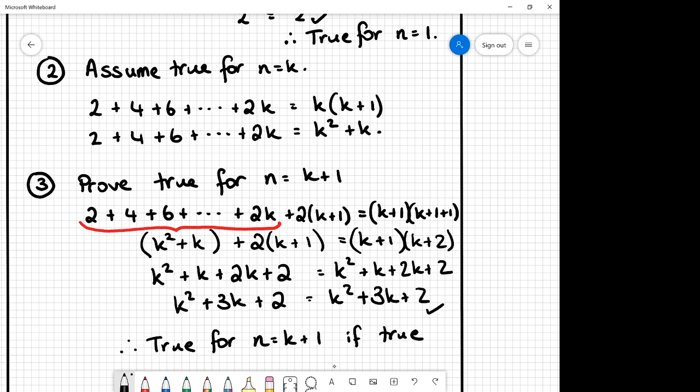Which means that it's true for n equals k plus 1 if it's true for n equals k.